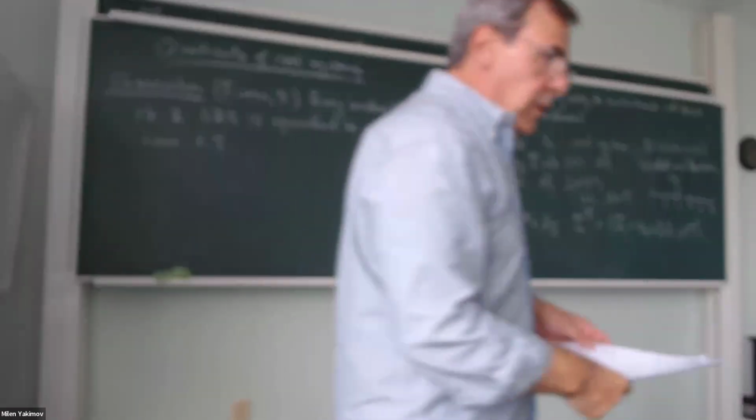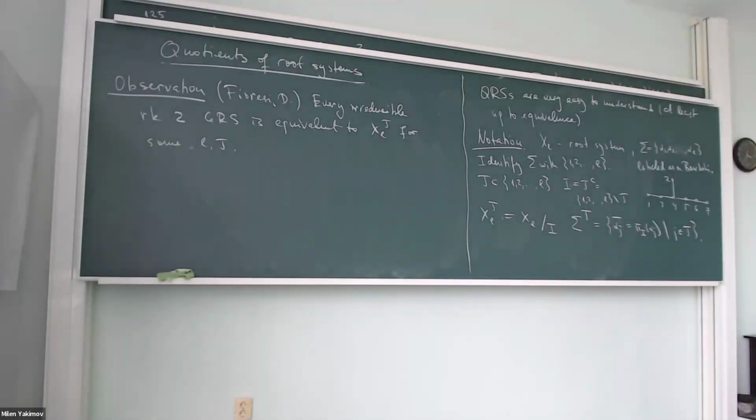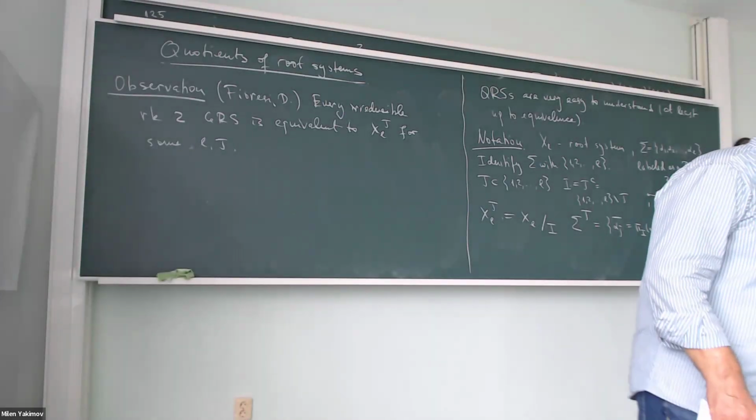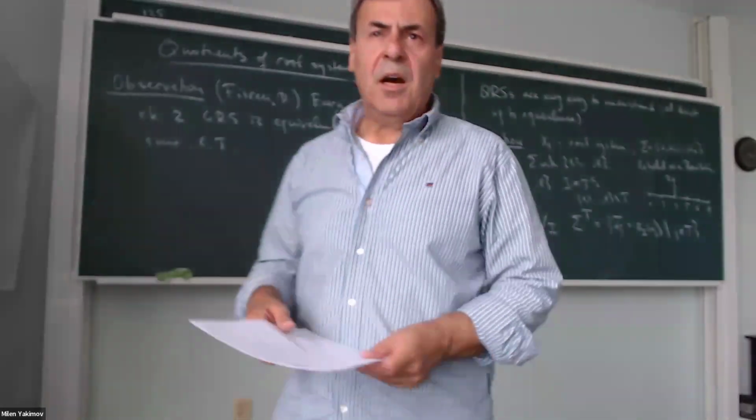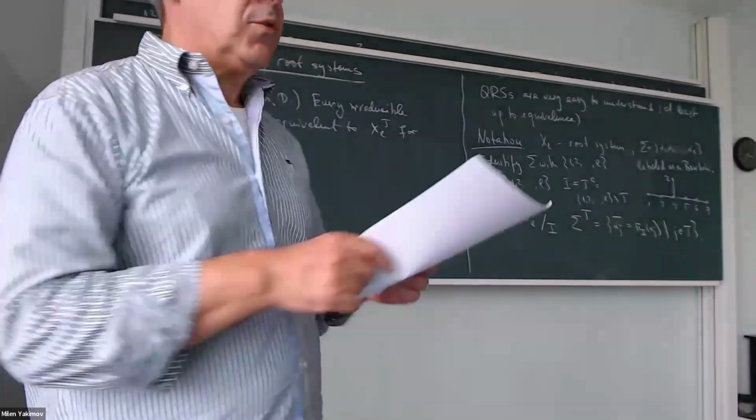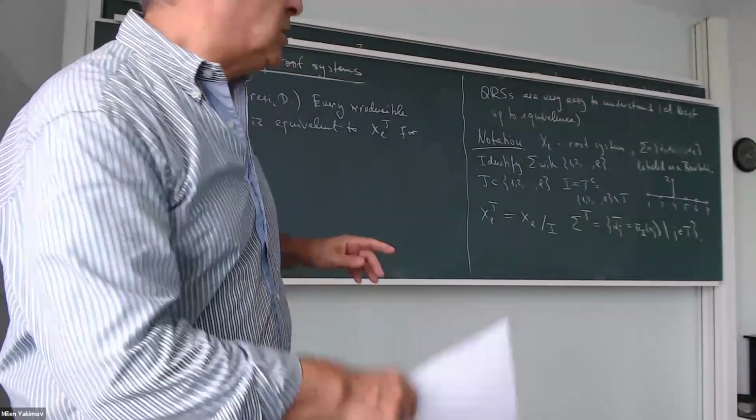So the rank 2 classification, when I told you that there were 14 of them or 16, I keep forgetting, all of them are actually portions of root systems, at least up to equivalence.